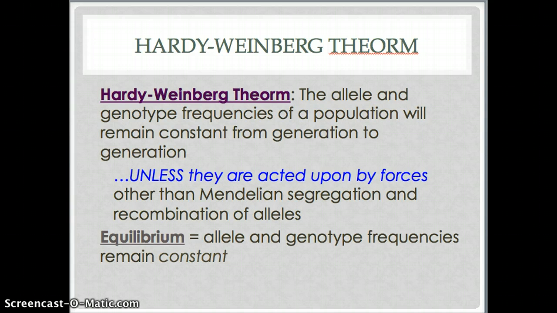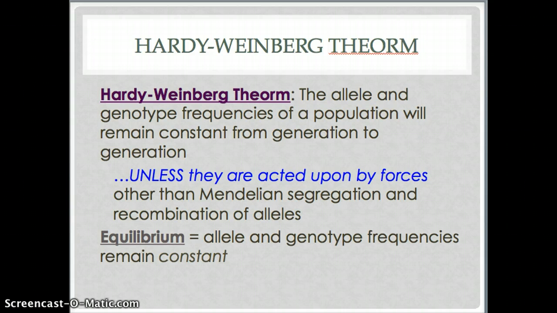And furthermore, Hardy-Weinberg came up with this equilibrium condition within a population. When the population achieves equilibrium, the allele and genotype frequencies will remain constant, just like the theorem that they proposed.